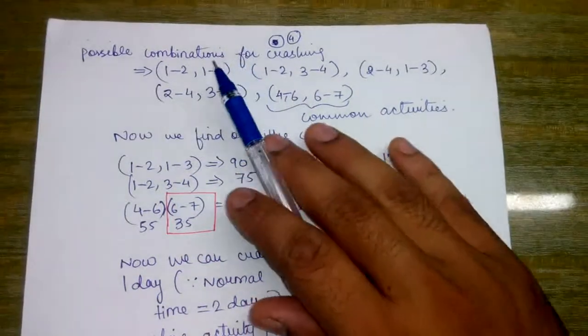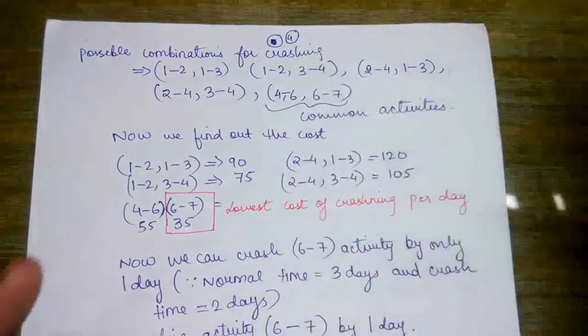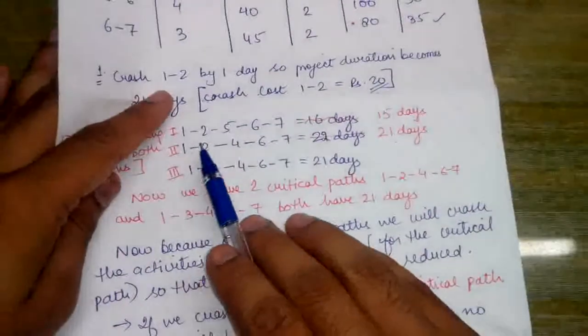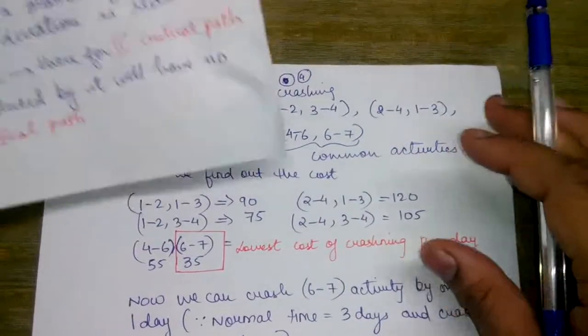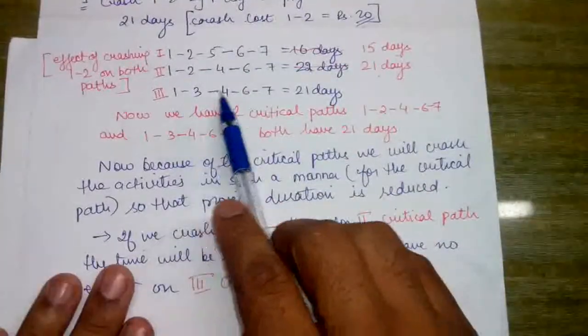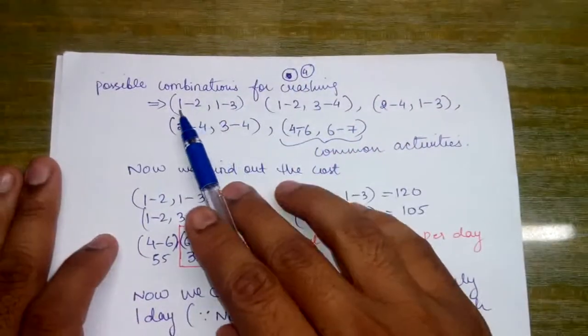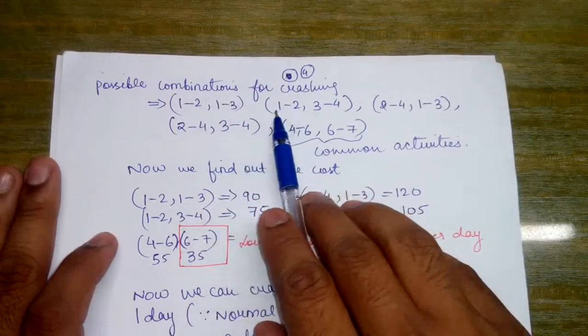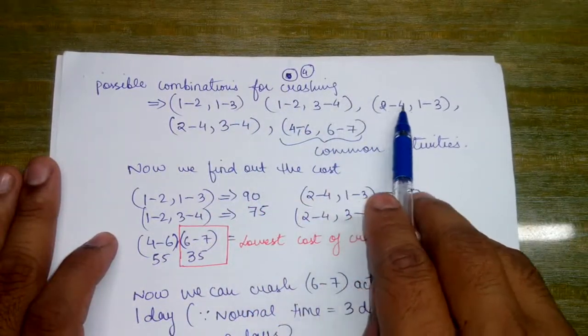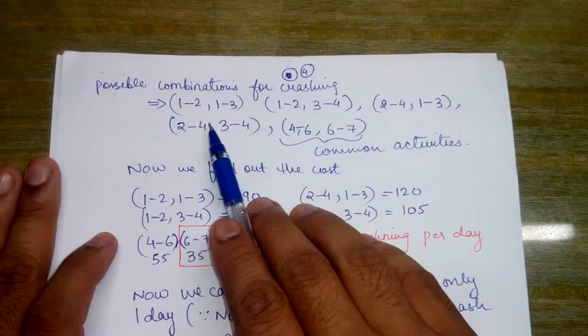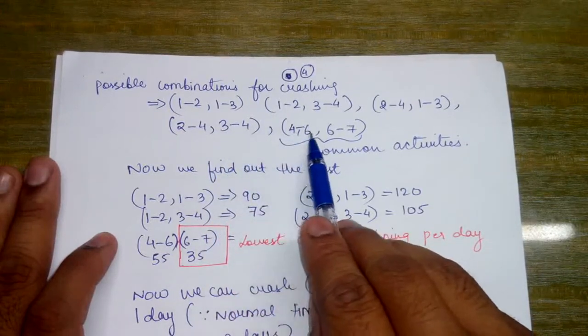Now in the critical path we had 1, 2, 4, 6, 7, and we also had 1, 3, 4, 6, 7. So what we are going to do is make possible combinations for crashing: 1 to 2 with 1 to 3, 2 to 4 with 3 to 4, 4 to 6, and 6 to 7.